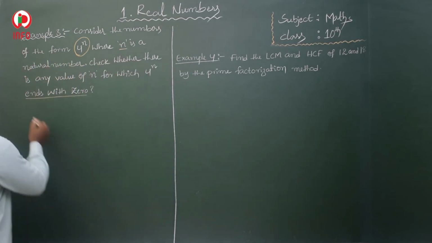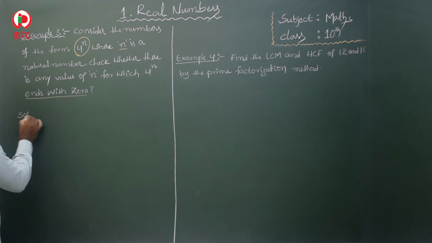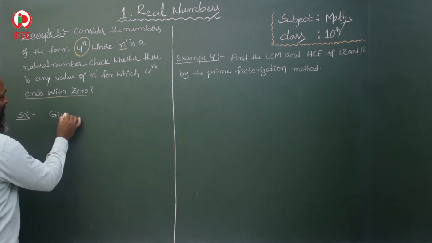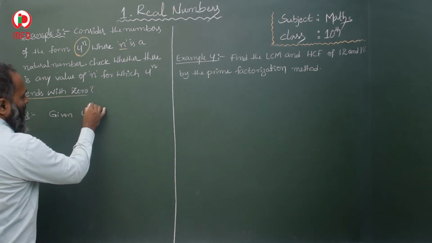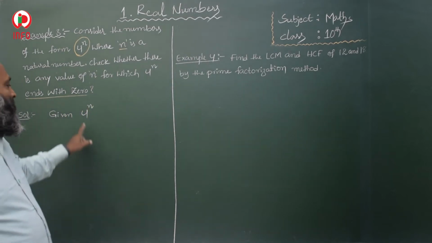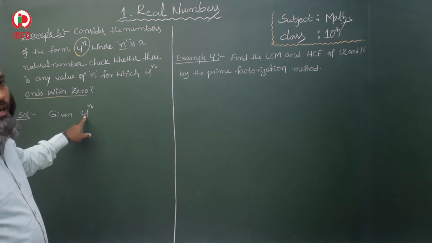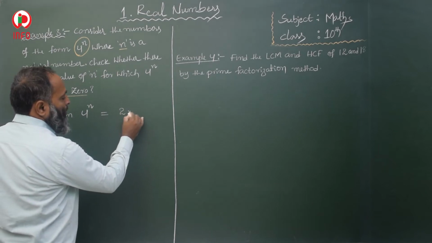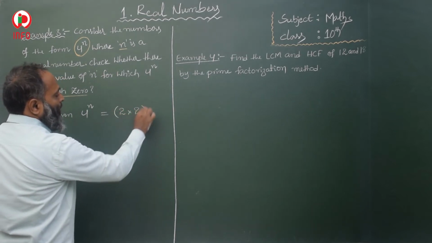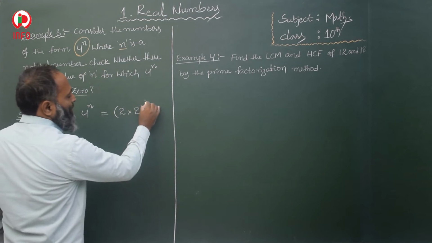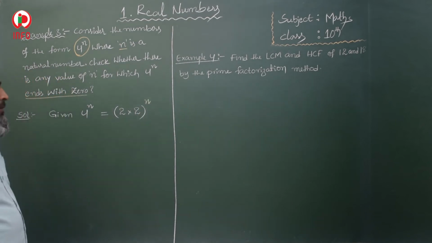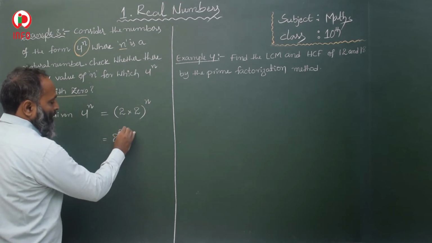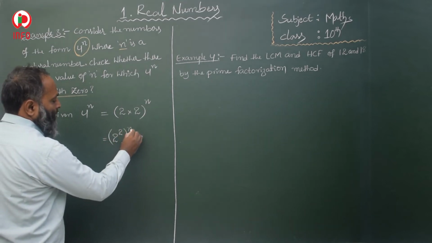See here, first of all we take 4 power n. Now if we split 4 into prime factors, we can take 2 into 2, and the whole power n as it is. 2 into 2 means 2 square, so we get 2 square whole power n.